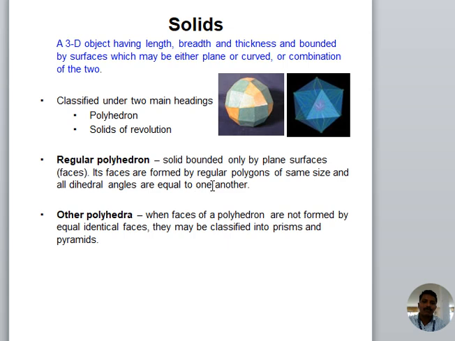The faces are formed by regular polygons of the same size, and the dihedral angles are equal to one another. Other solids like cylinders, cones and spheres are solids of revolution. When the faces of polyhedrons are not formed by equal identical faces, they may be classified into prisms and pyramids.